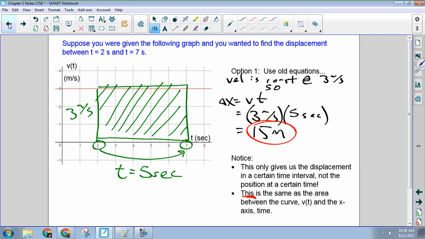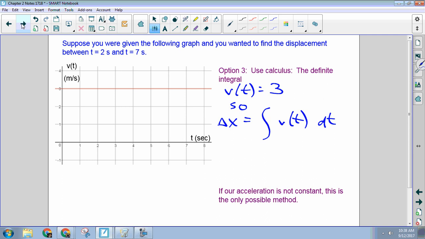Like going back to this picture, what two x values do I want the area between? 2 and 7. So the notation you use is this. You put a 2 here to indicate that that's the lower x value you want to take the area between, and 7 is the upper value. So all of this notation basically just means what's the area between the velocity of time function and the t-axis between times 2 and 7.